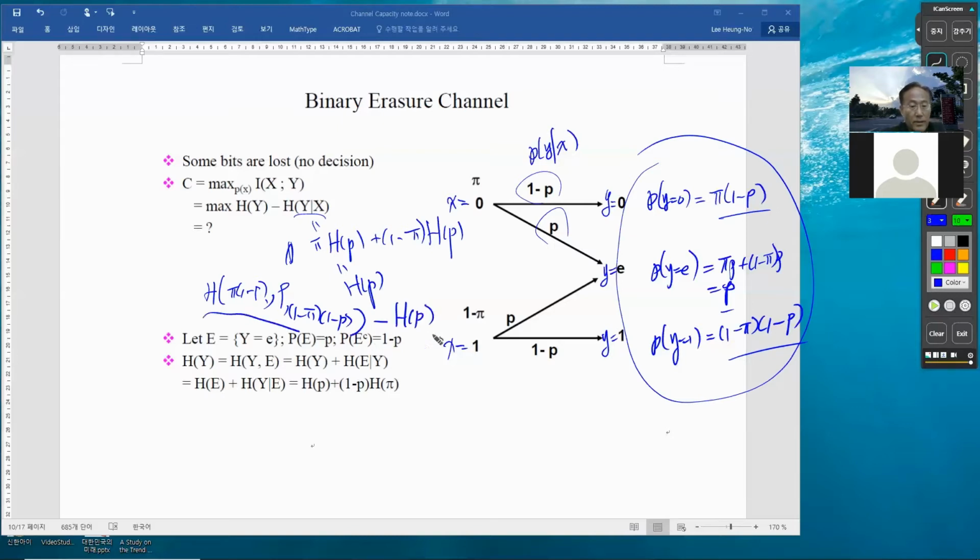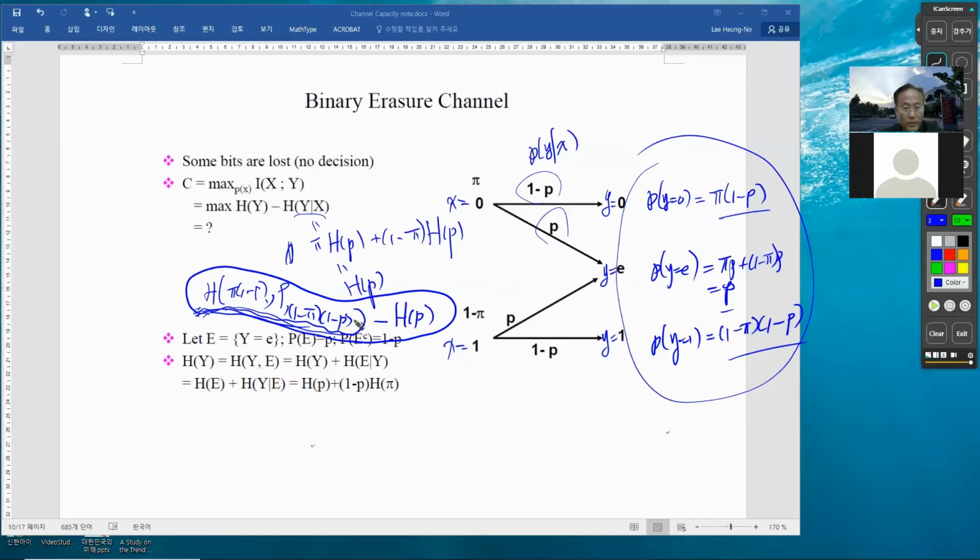So we can utilize this result, and then by applying the entropy formula for this triplet, we can proceed that way. But this is going to give you some tedious derivation, the first term.